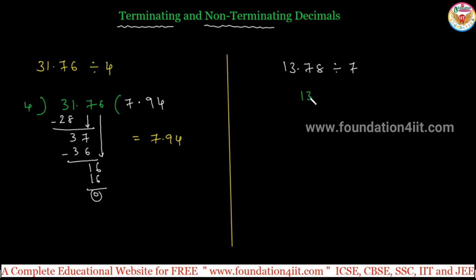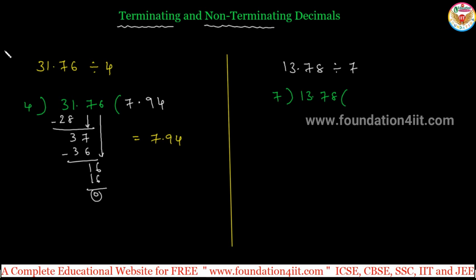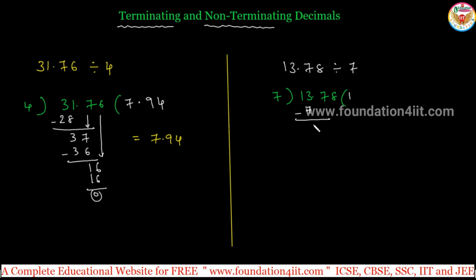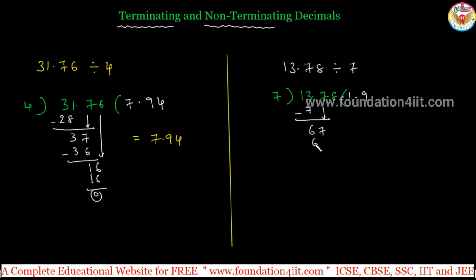Now here is 13.78 divided by 7. 7 table. 7 times 1 is 7. Subtract, this is 13 minus 7, 6. Take the digit after the point, keep the point. Okay, 67. That means 7 times 9, 63.